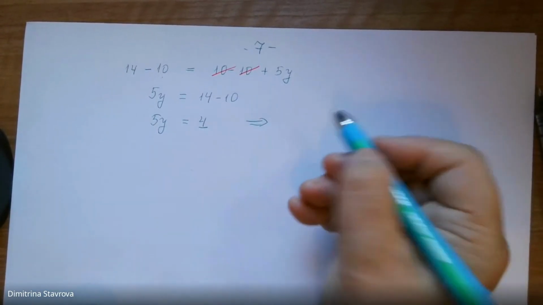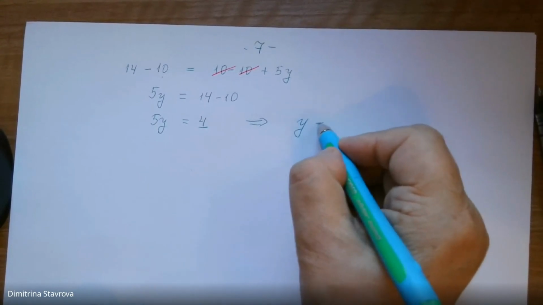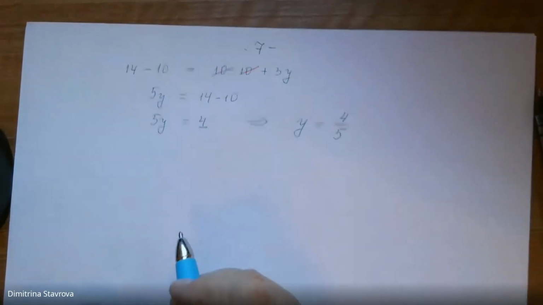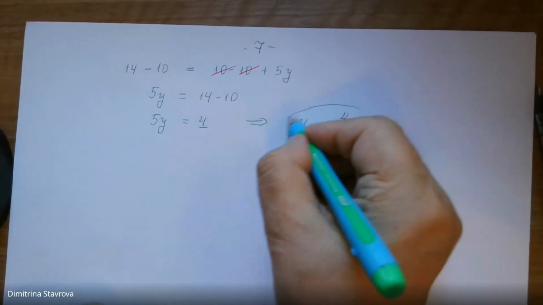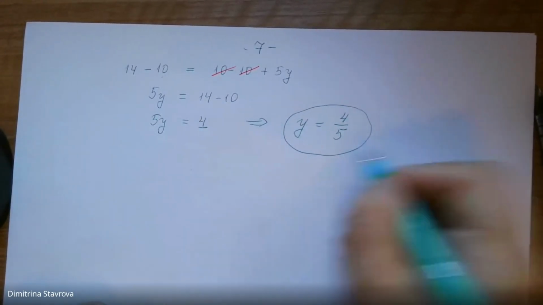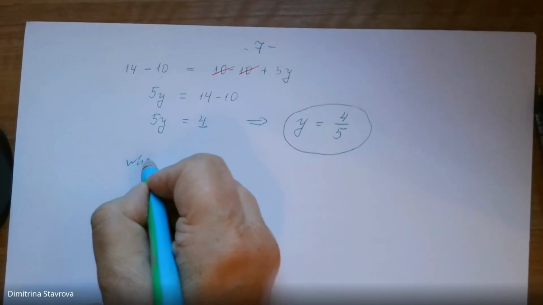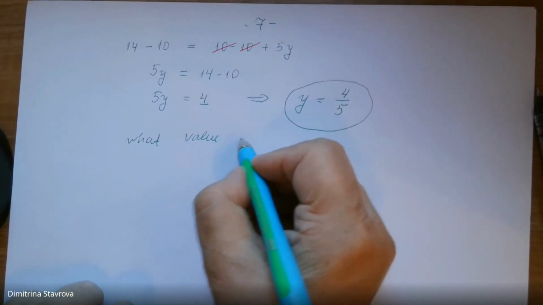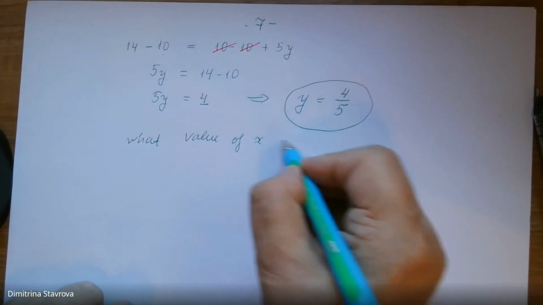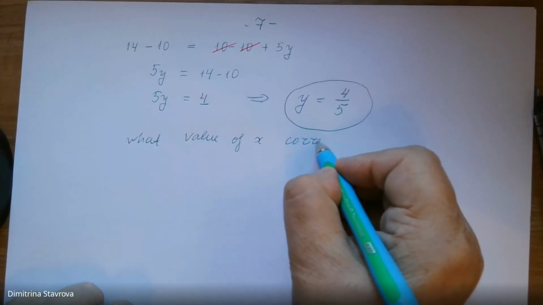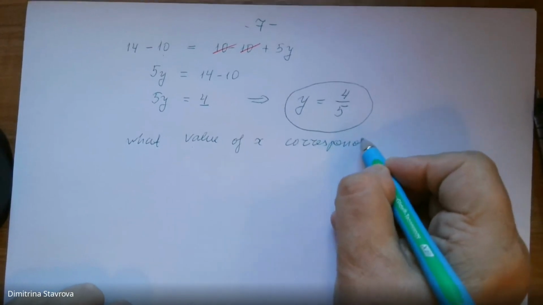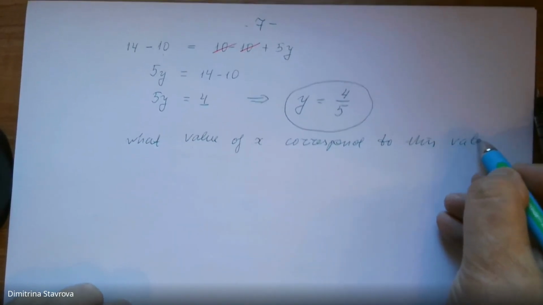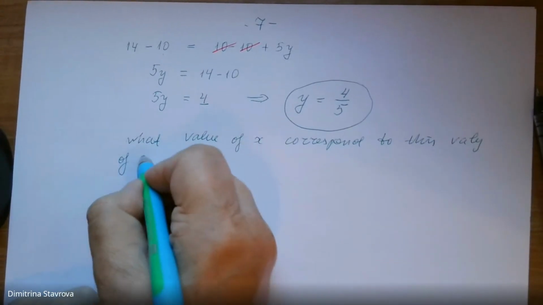Hence, we have found the value of y. It is 4/5. Now we have to find what value of x corresponds to this value of y.